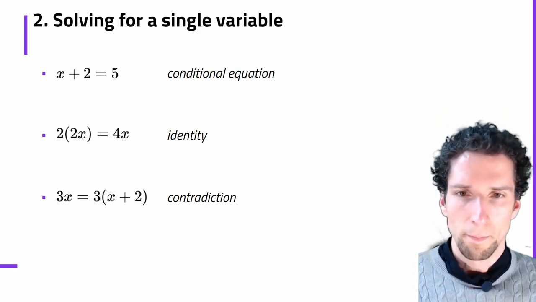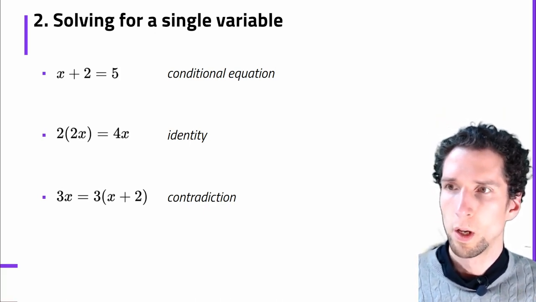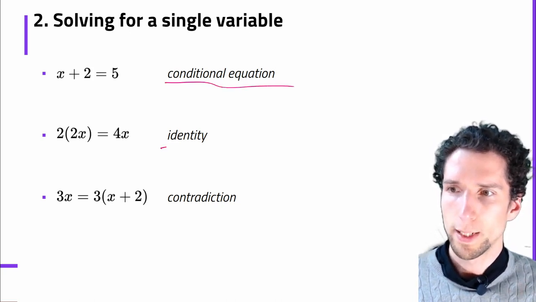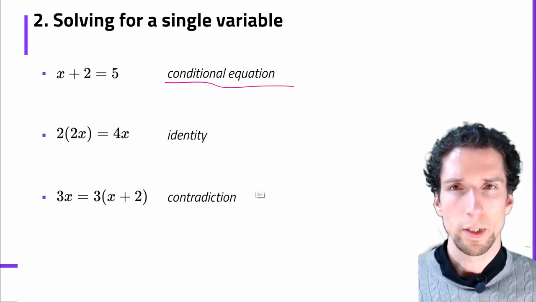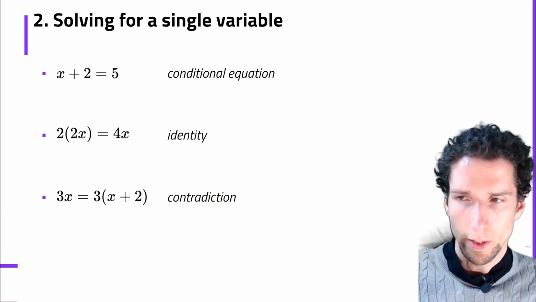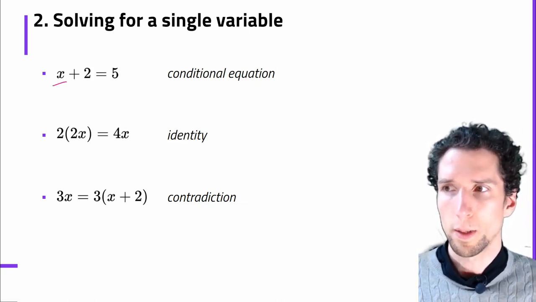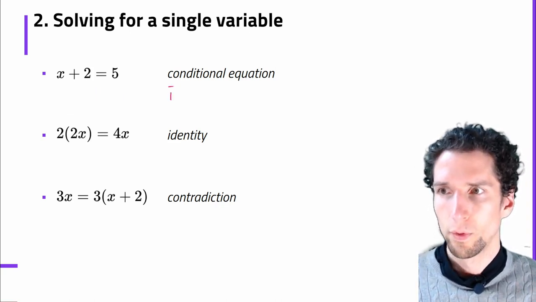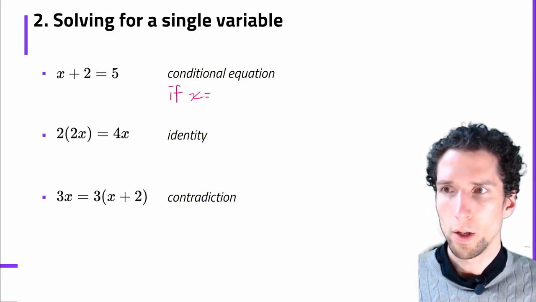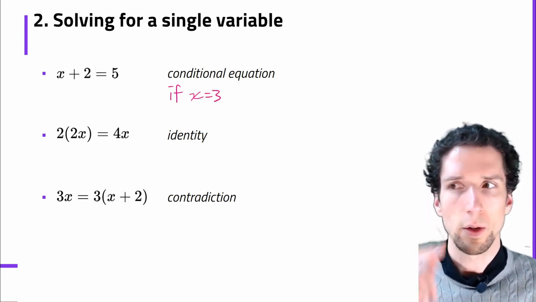Okay, so some terms here to explain: conditional equation, identity, and contradiction. I've already kind of explained what an identity is, but let's just go in order. So a conditional equation is something like this: x plus 2 equals 5, where if x is equal to 3, then the left side is equal to the right side.